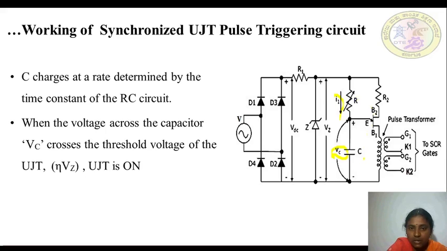When the capacitor voltage reaches the unijunction threshold voltage of this UJT, that is eta into Vz, where Vz serves the purpose of the VBB supply voltage, because Vz is the input to this UJT, the emitter-B1 junction of the UJT breaks down and the UJT is turned on.